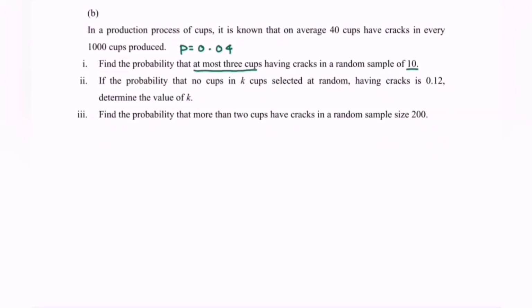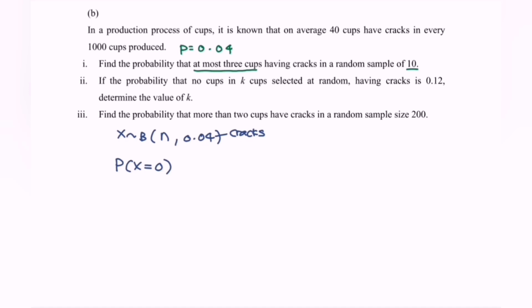Second part. If the probability that no cup in K cups selected at random has a crack is 0.12, determine the value of K. So here, X is binomially distributed with n and 0.04 crack. Given the question, the probability that no cup has a crack means X is equal to 0.